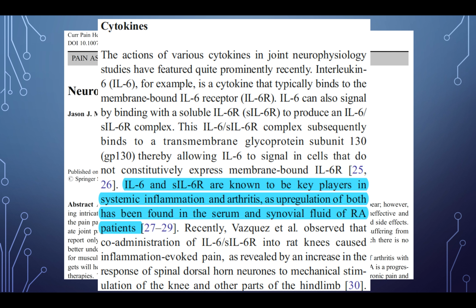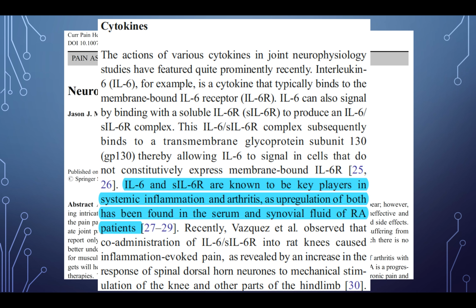So this paper went into some of the cytokines. The actions of various cytokines in joint neurophysiology studies have featured quite prominently recently. Interleukin 6, for example, is a cytokine that will typically bind to the membrane-bound IL-6 receptor.